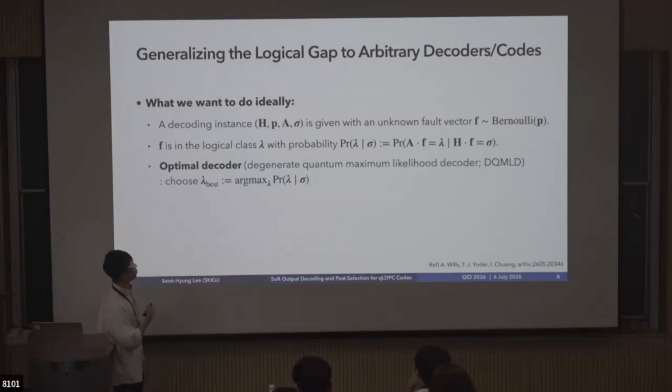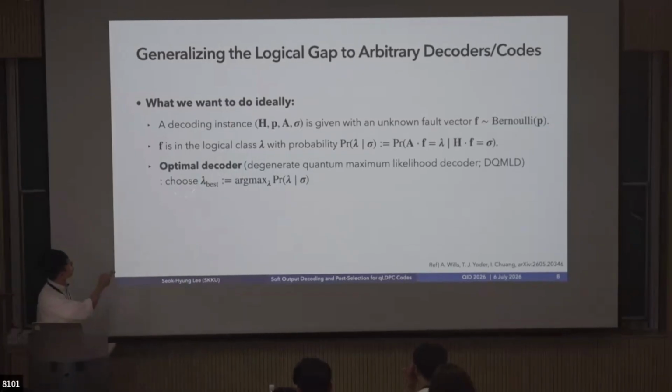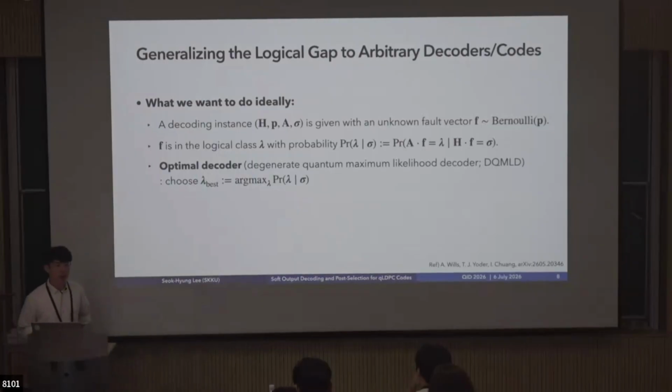The optimal decoder, or degenerate quantum maximum likelihood decoder, can be defined as a decoder that chooses the logical class lambda that maximizes this conditional probability.